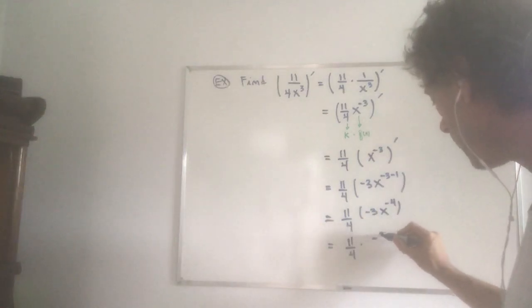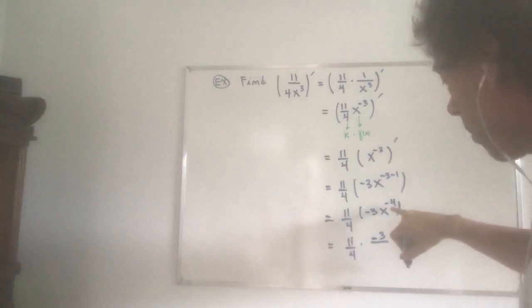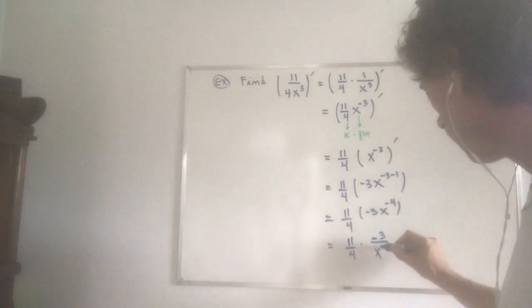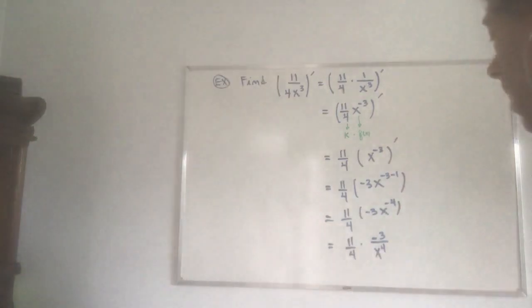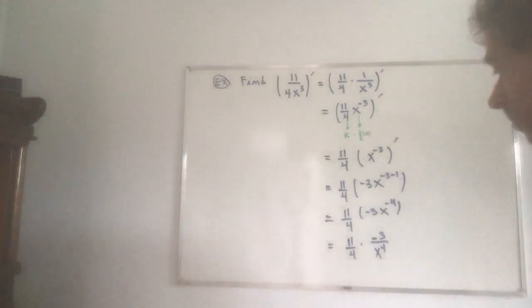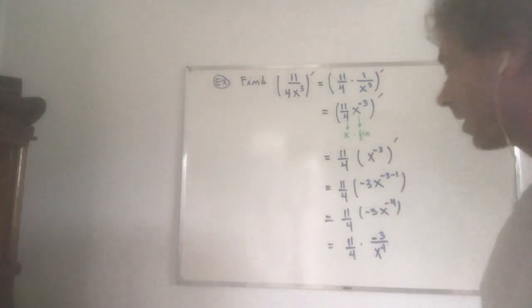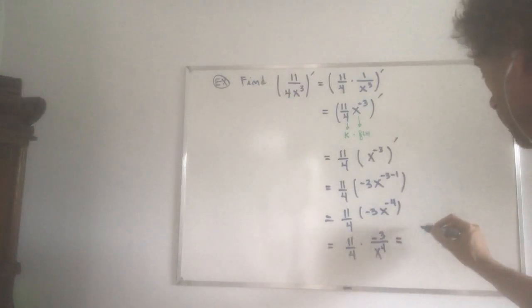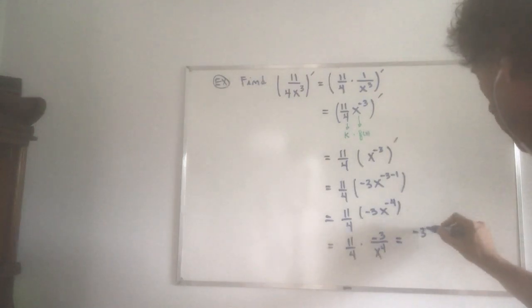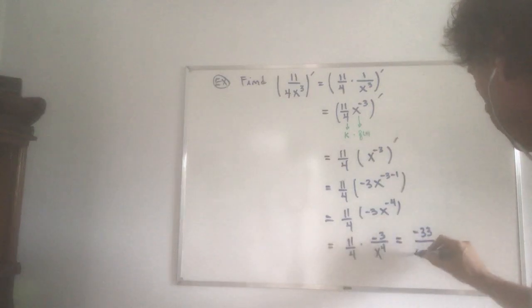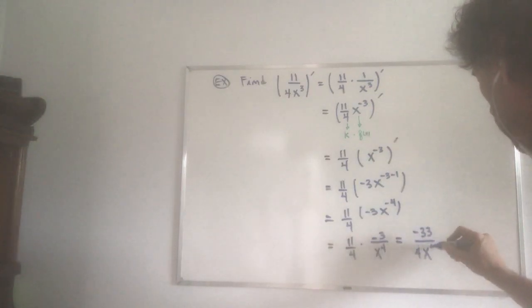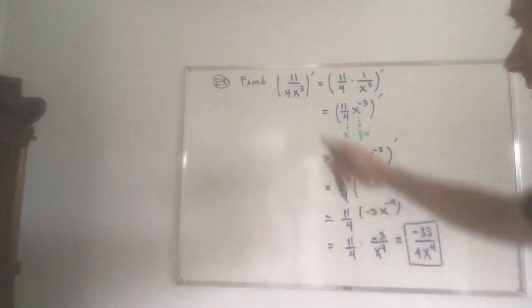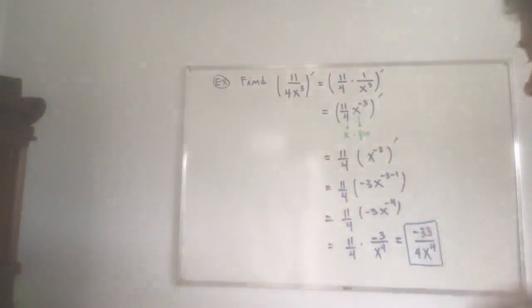So the minus 3 stays up, but the one that goes down is x to the minus 4, and of course it becomes x to the 4. And we have gotten rid of the negative exponent. All this is nice, and it actually gives me minus 33 over 4x^4. That is the answer to the derivative of 11 over 4x^3.